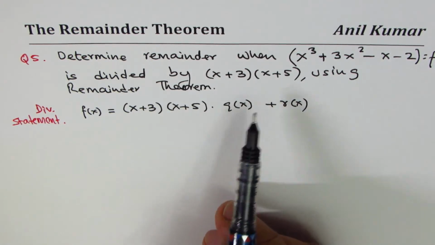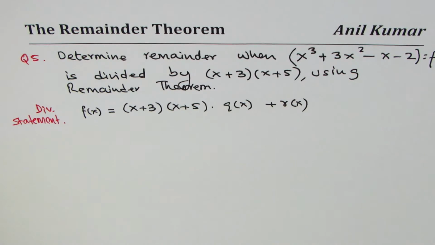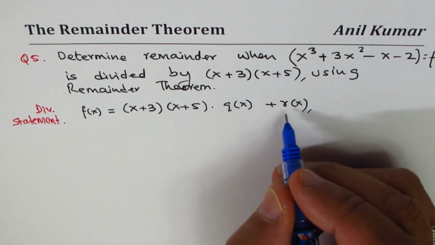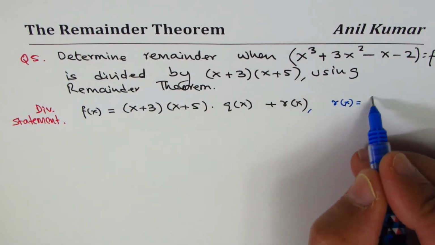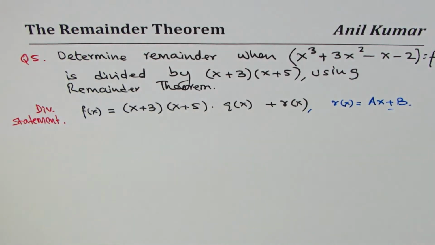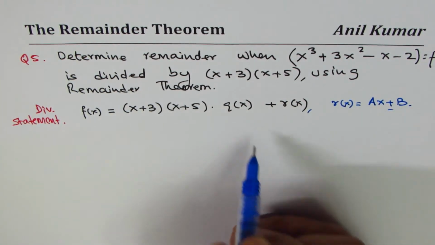Now the first question is, if you divide by a quadratic function, what could be the remainder? Well, it has to be a degree lower. So let us say that r of x is a linear term ax plus b. Perfect. So we'll replace r of x with ax plus b in our question.